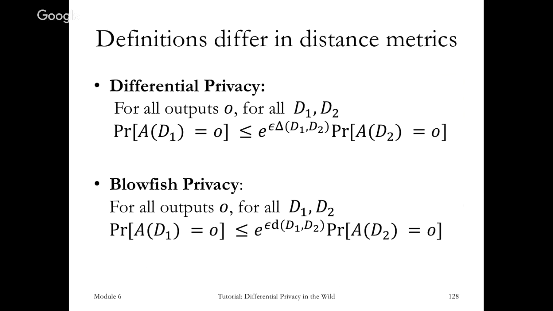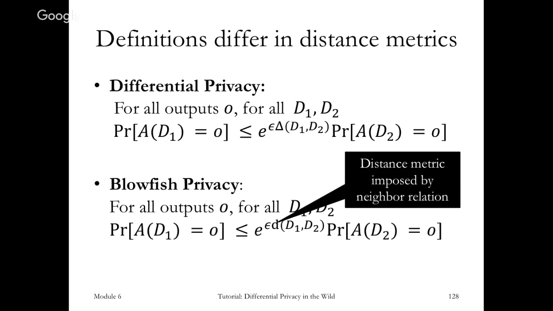And this symmetric difference can be mapped to the distance metric in the Blowfish privacy definition for D1, D2. Hence, we can embed the distance metric for Blowfish privacy into the distance metric for differential privacy, and that way the transformational equivalence can be achieved.